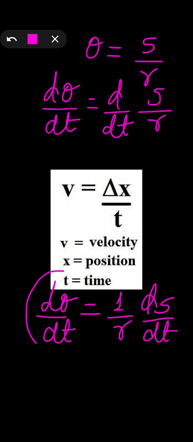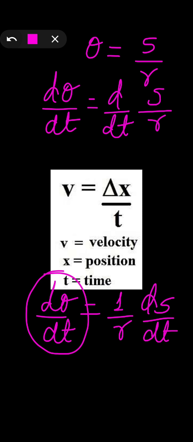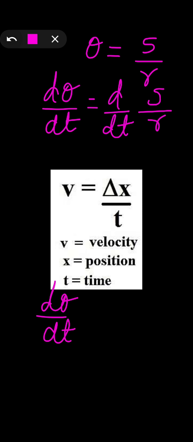Now this d theta by dt is the rate of change of angular displacement with respect to time, so it changes into angular velocity omega, and it is 1 by r ds by dt. It is a linear displacement with respect to time, which is given by v. So from here we find that omega is equal to 1 by r into v, or v by r.